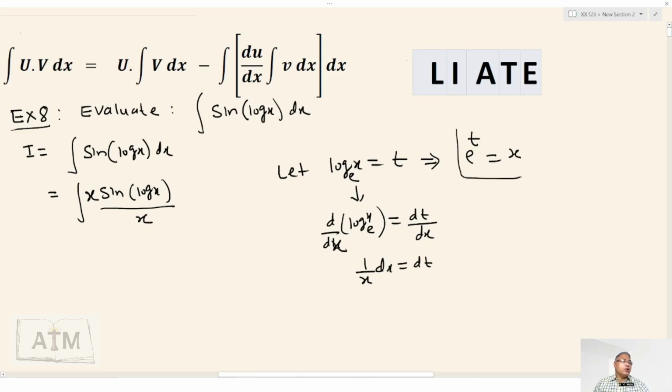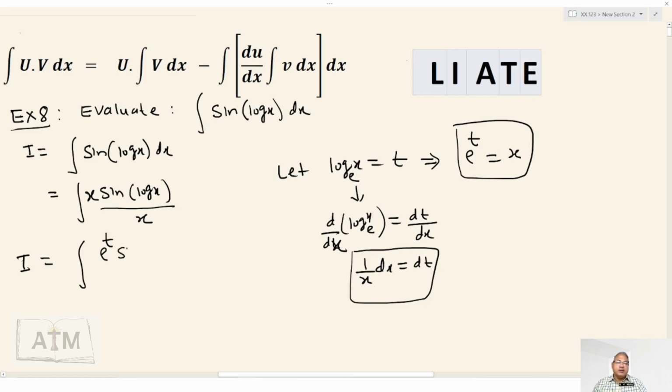Therefore we are going to use this. Therefore I equals, in place of x, e raised to t, sine, in place of log x is t, and 1 upon x dx gone, and in that place dt will come.